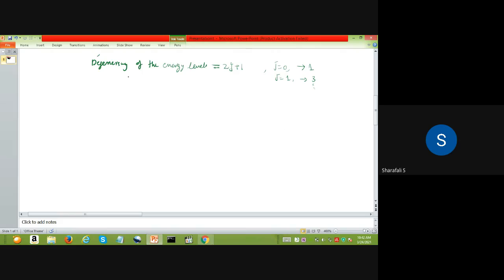And the number of molecules in a given state J will be given by NJ equal to N0 into (2J plus 1), this is the degeneracy, into e raised to minus EJ divided by kT.